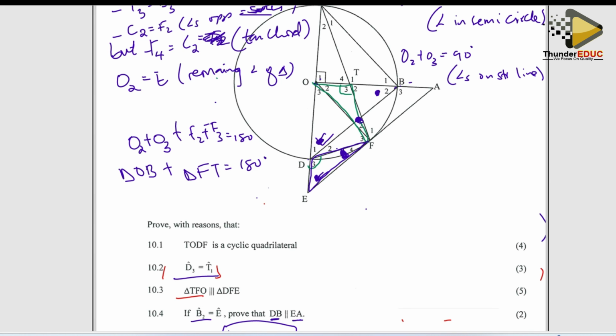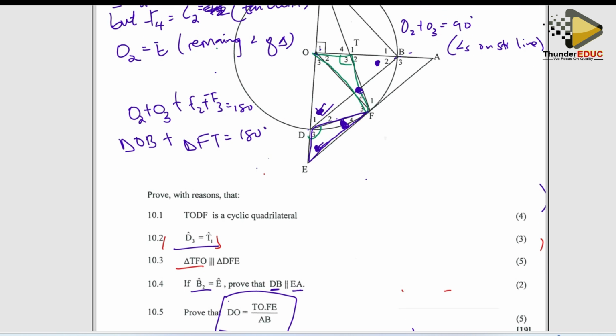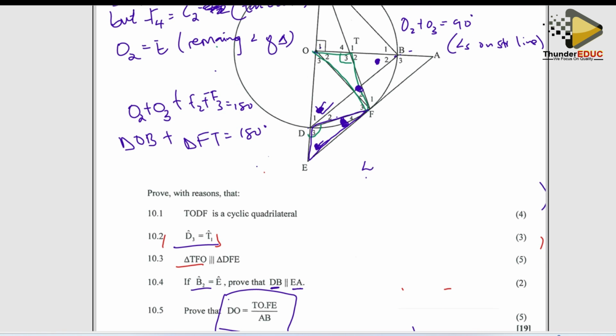So I'm going to say that from my similarity of proving that the triangles are the same, I can come up with something to say that ED over TO, ED divided by TO, should give me the same as EF over OF, or FO. The reason is going to be similar triangles.